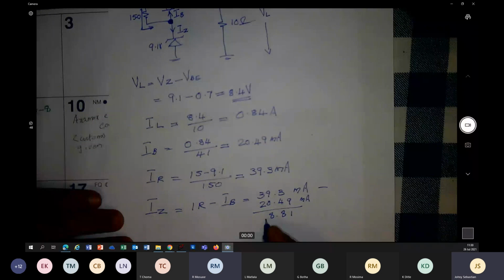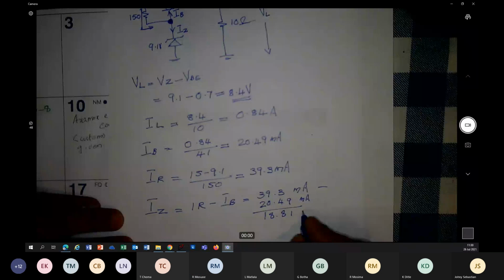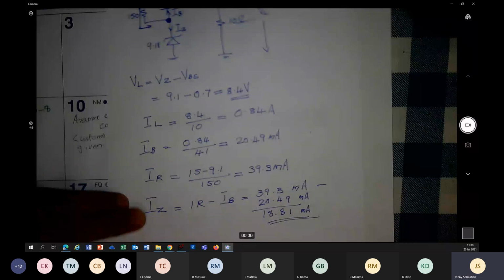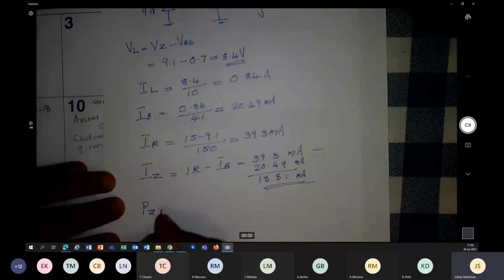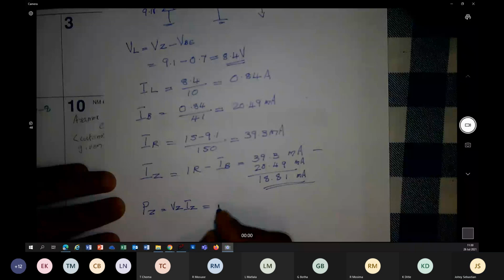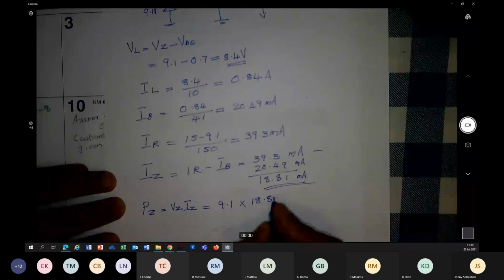So I got 18.81 milliamperes. Okay, that is the current flowing through the Zener diode. Let's try to work out the power consumed in the Zener. That is 9.1 times 18.81 milliampere.